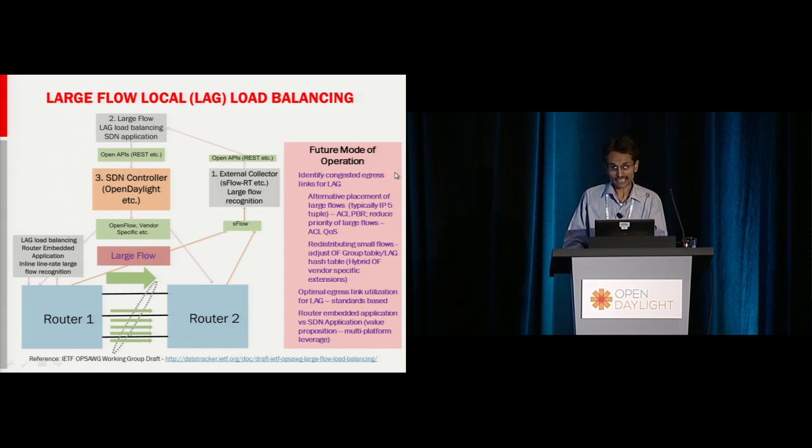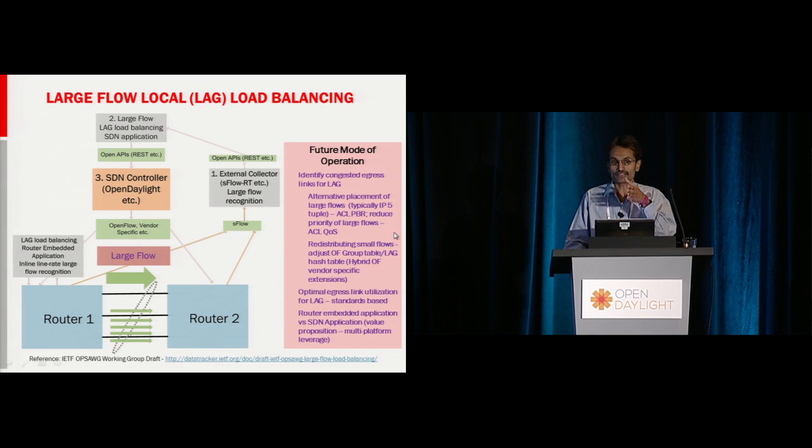Based on policies, you could also reduce the priority of large flows with QoS actions. And while you have adjusted the large flow to take a specific path, there are all the other flow categories going, so we can adjust the LAG hash table to achieve the best redistribution of the small flows.